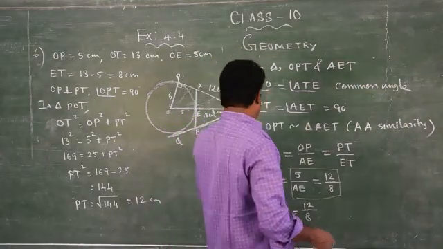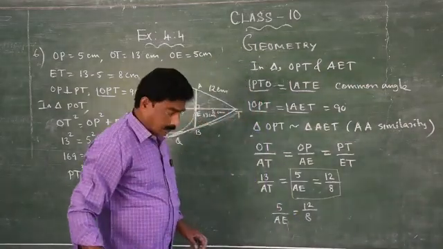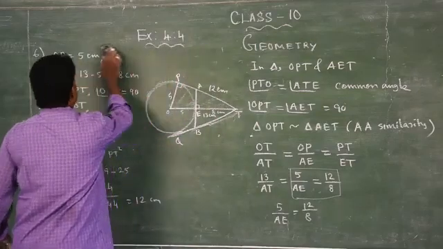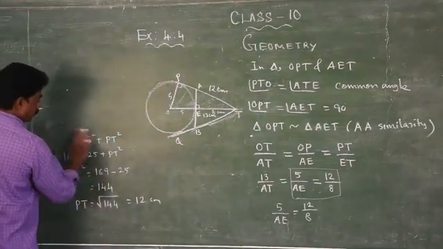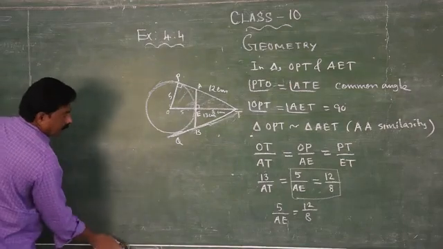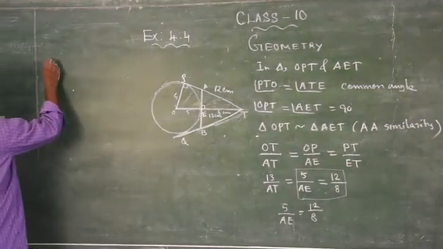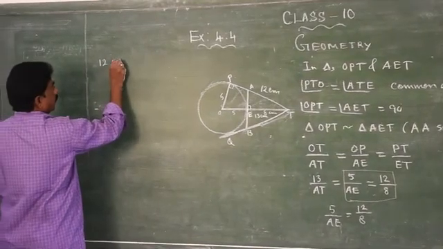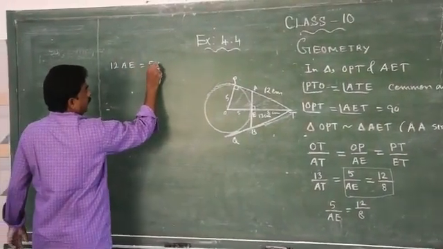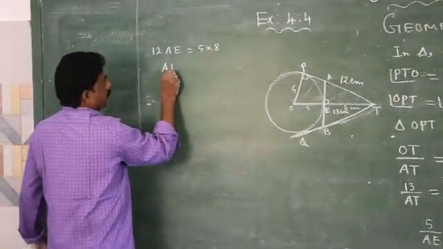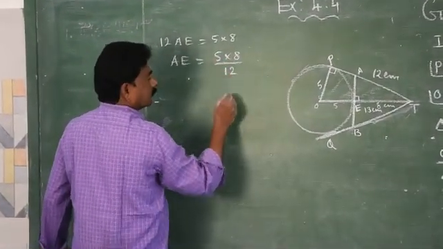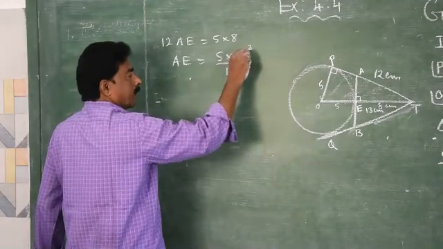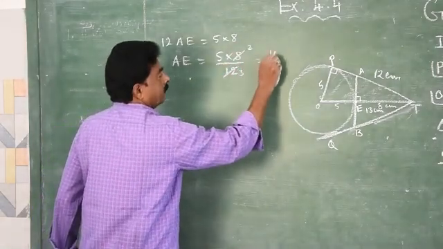When you cross multiply, 12 AE is equal to 5 into 8, or AE equal to 5 into 8 by 12. When you cancel by 4, 2 times, 3 times, that is 10 by 3.